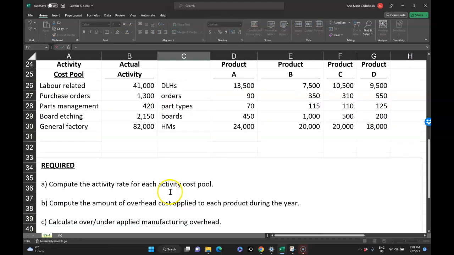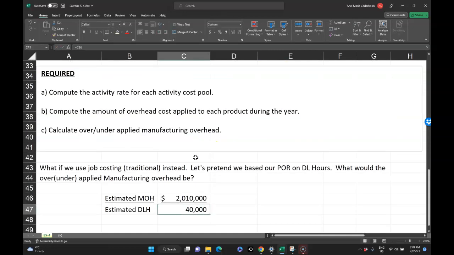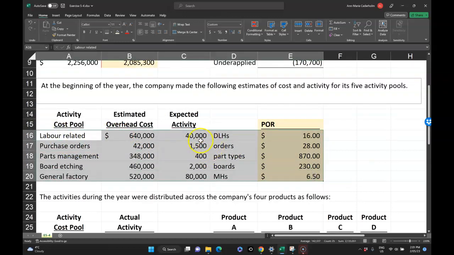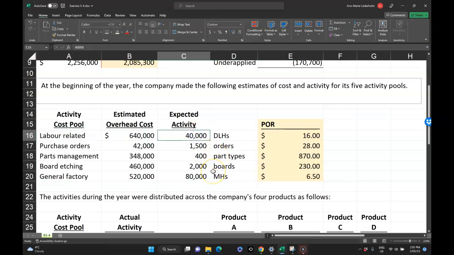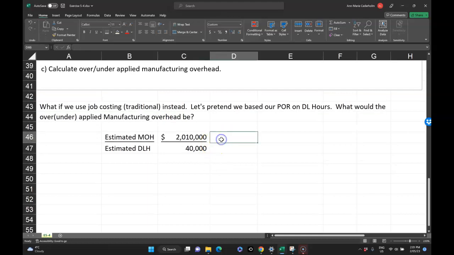So if I look at what my estimated direct labor hours are, it's 40,000. So we're not going to bother breaking it down based off of activities like we did here. We're just going to use labor hours. And job costing is a lot simpler and quicker to implement. So I just have one single overhead rate. So that's going to be $50.25. So that's your predetermined overhead rate.